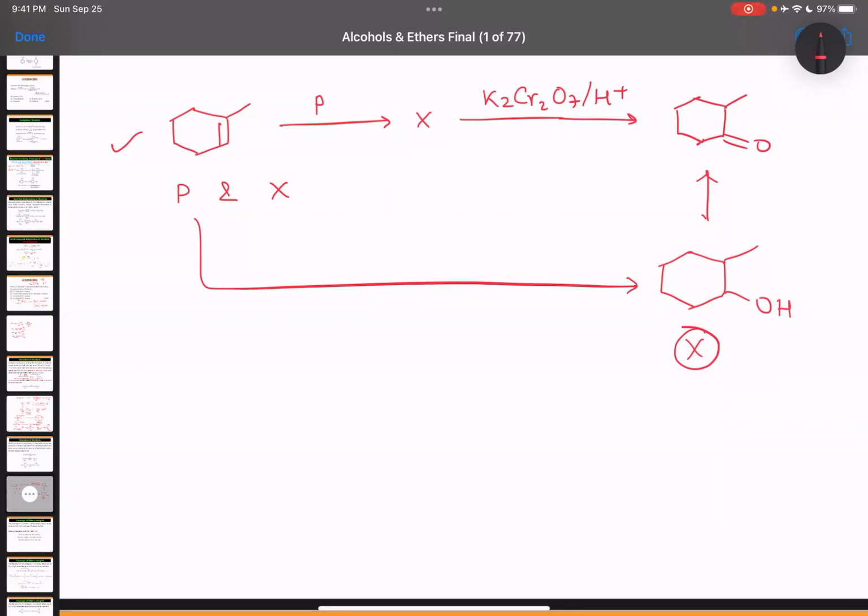Yeah, anti-Markovnikov addition. Actually, we use hydroboration oxidation. I told you, remember it from the name of the movie channel, HBO. What was hydroboration oxidation?